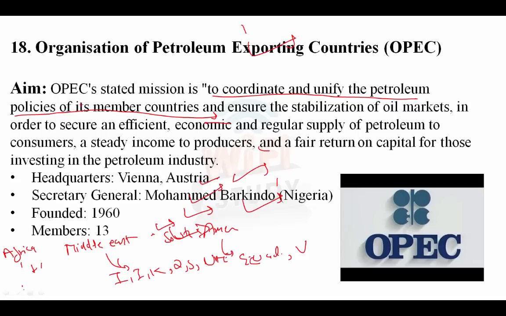That is Algeria, Angola, Gabon, Libya and Nigeria. These are the 5 members from the African continent. Then from the Middle East, Iran, Iraq, Kuwait, Saudi, Qatar and UAE, and Ecuador and Venezuela from South America. So these are the 13 members of this organization.